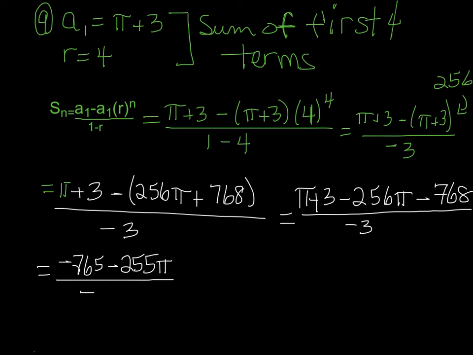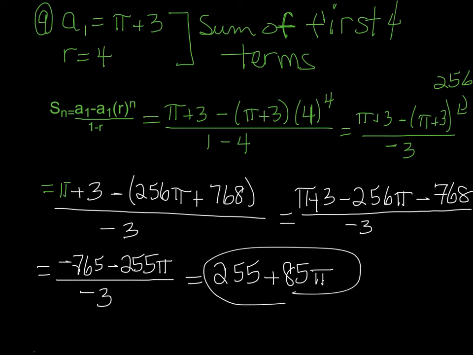It doesn't matter. And we're going to divide by negative 3. So now I'm just going to divide the negative 3 through to everything in the numerator, and that's going to give me a positive 255, and that will give me a positive 85 pi. And that is choice 3.